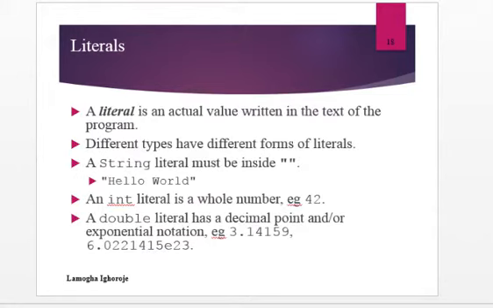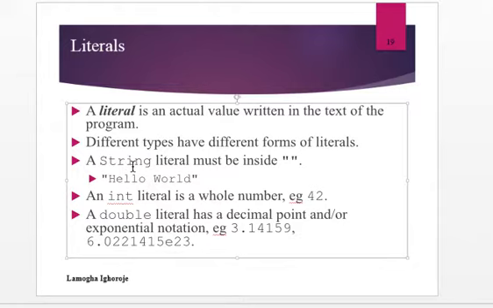So what is a literal? Literals are actual values written in the text of the program. You can have different types of variables, different types of boxes, like I've been using the box illustration, and they can have different forms of literals.